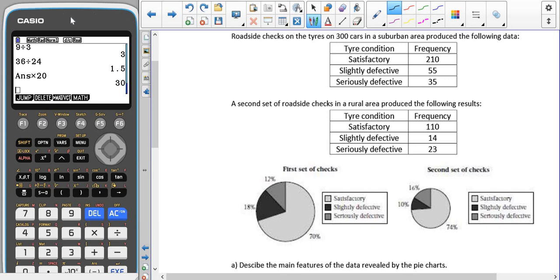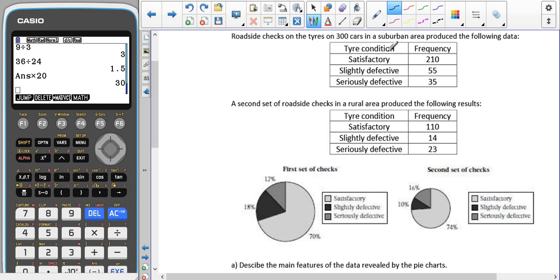So hopefully you've paused the video and given the Now You Try a go. So here we also have the data. We don't have to use the data to put it into the pie charts, okay? Here we have roadside checks on the tyres of 300 cars in a suburban area produce the following data.